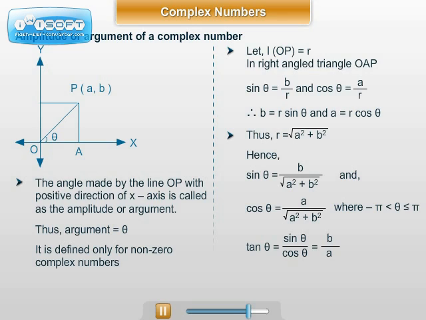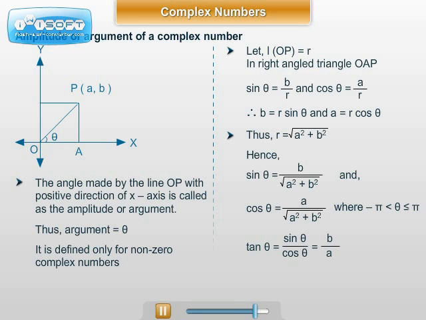Definition: the angle θ which satisfies the equations cos θ = a/r, that is a/√(a² + b²), and sin θ = b/r, that is b/√(a² + b²), where −π < θ ≤ π, is called the amplitude or an argument of the complex number a + ib.